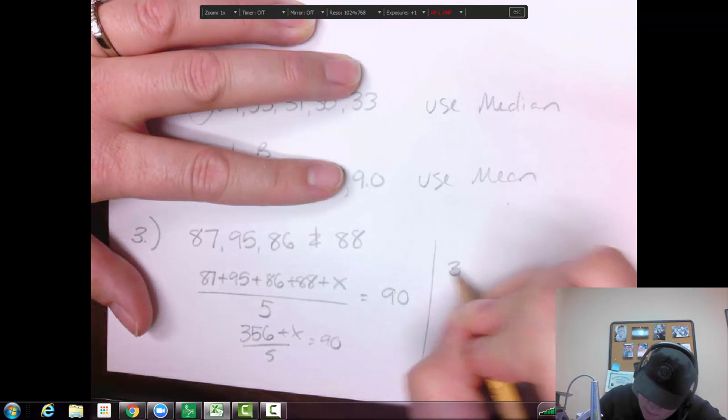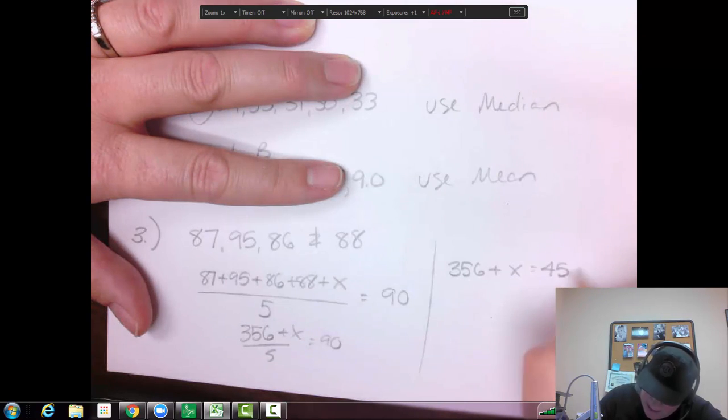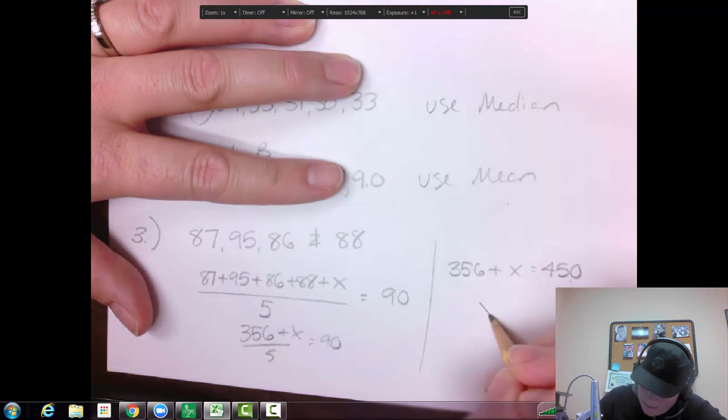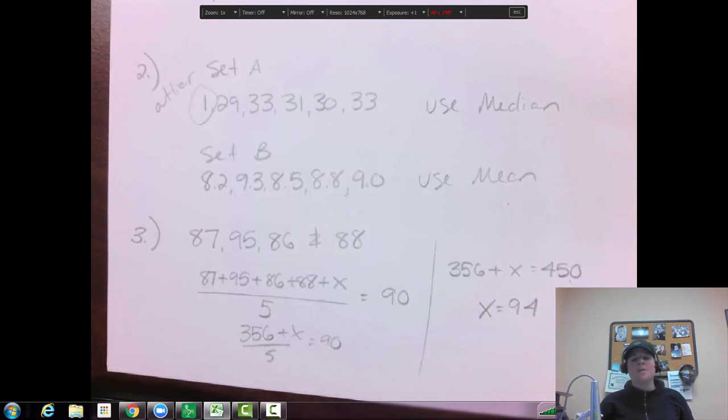So I'm going to have 356 plus x equals 450. Now subtract that 356 over to the 450, and I get 94. So you would need a 94 on your next test in order for you to receive the grade that you want.